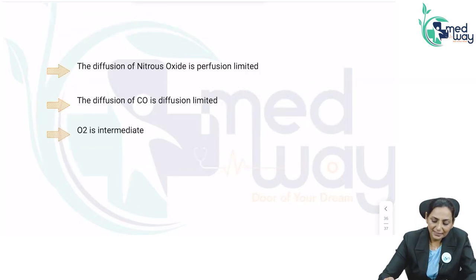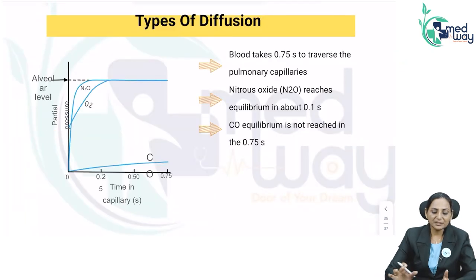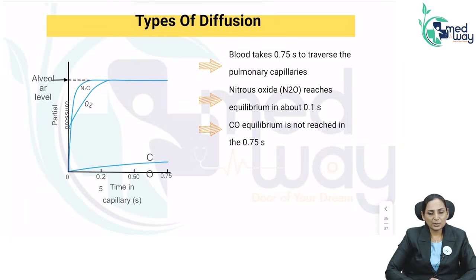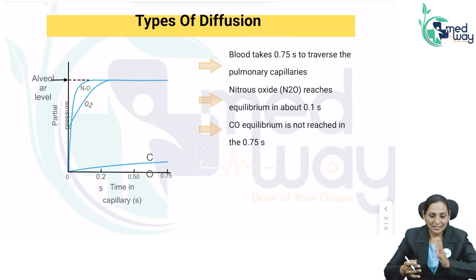Now, this is again an interesting topic: the types of diffusion. You can also consider it after you study the transport of gases, but because the graph is here, we will complete it. There are different types of diffusion.